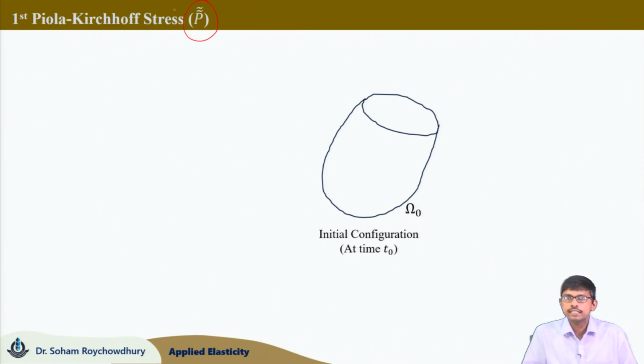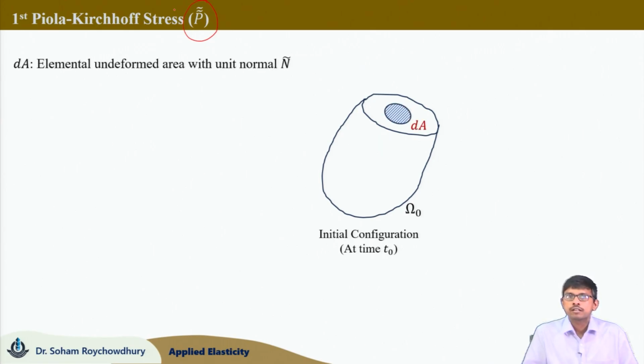Now, let us consider the initial configuration of the body defined by capital omega naught at initial time t naught. We are considering a small area element d capital A with unit normal capital N vector on the surface of this undeformed configuration body.